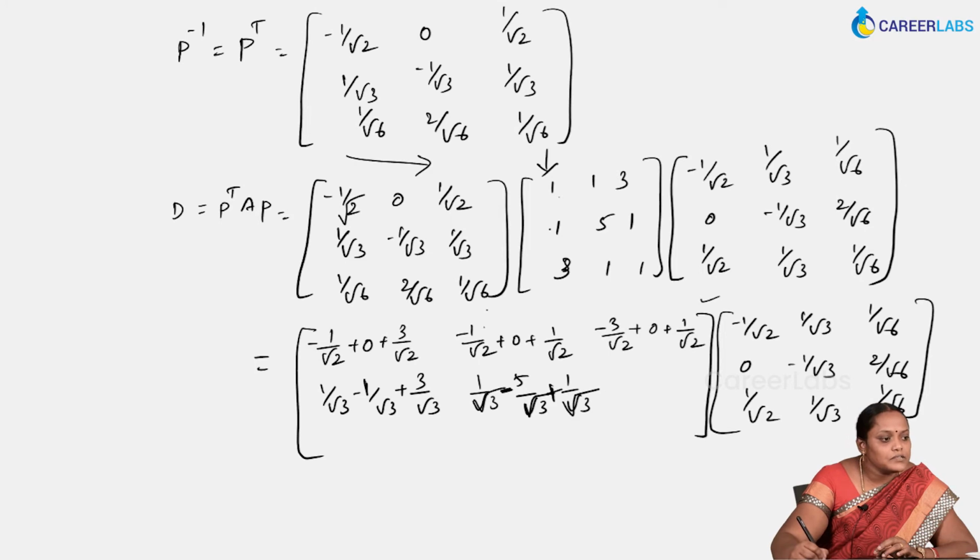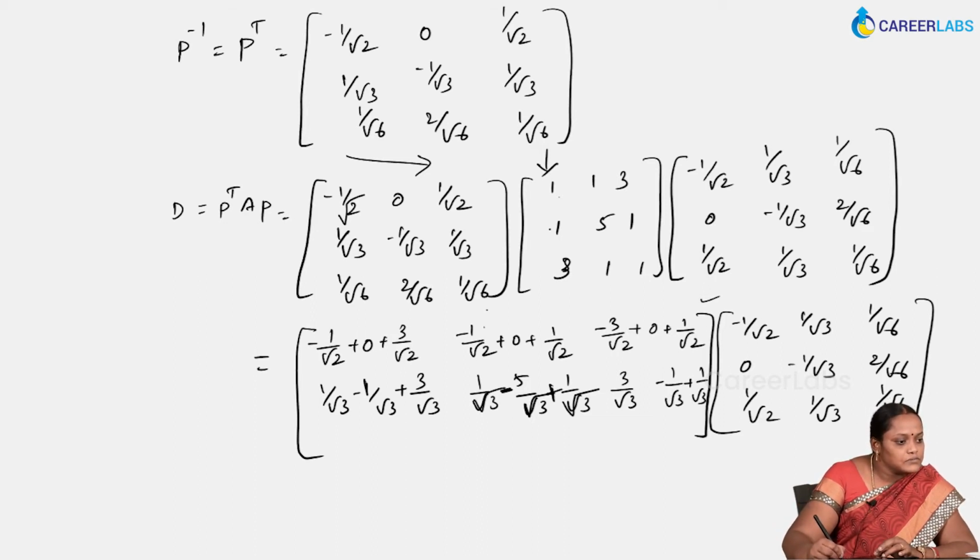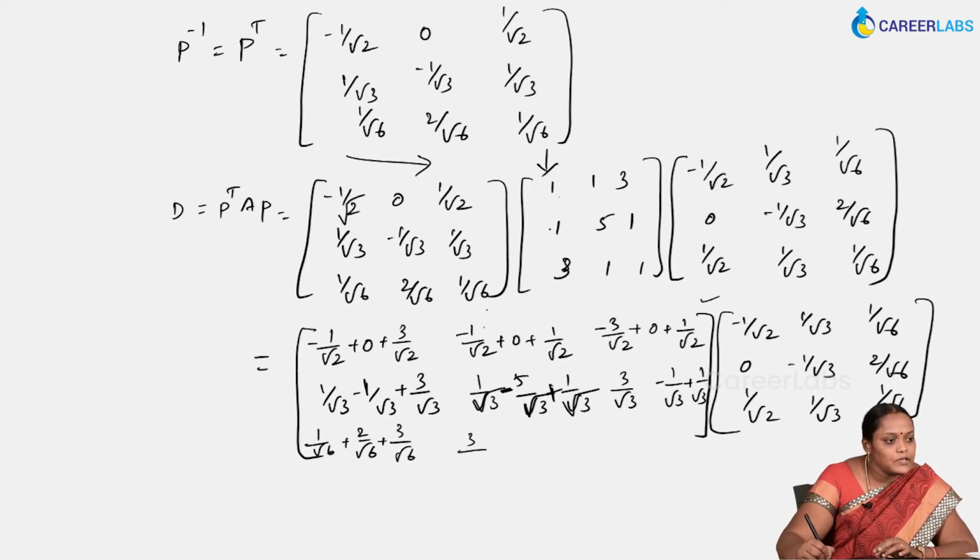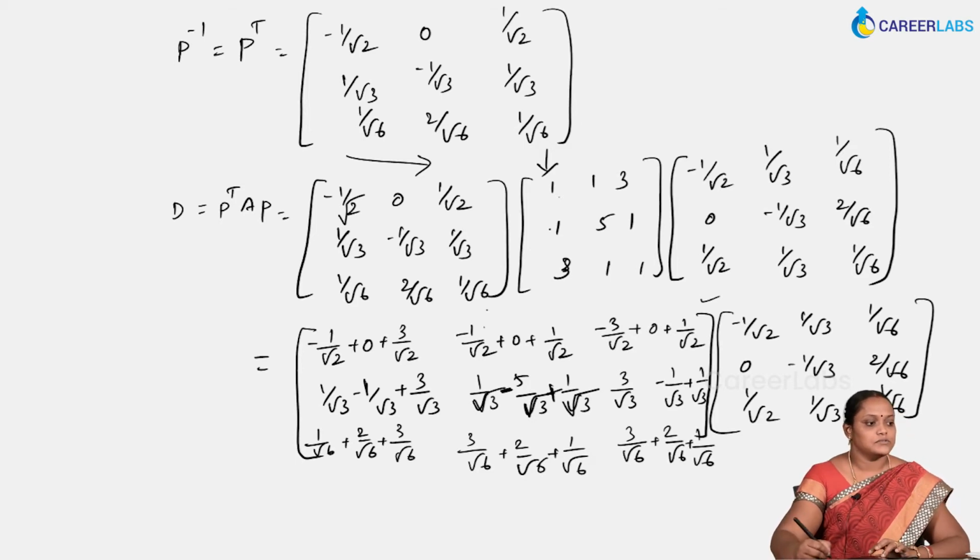It is 3 by root 3 minus 1 by root 3 plus 1 by root 3. Then in the third row, it is 1 by root 6 plus 2 by root 6 plus 3 by root 6. And here it is 3 by root 6 plus 2 by root 6 plus 1 by root 6. And in this place it is 3 by root 6, 2 by root 6 plus 1 by root 6.